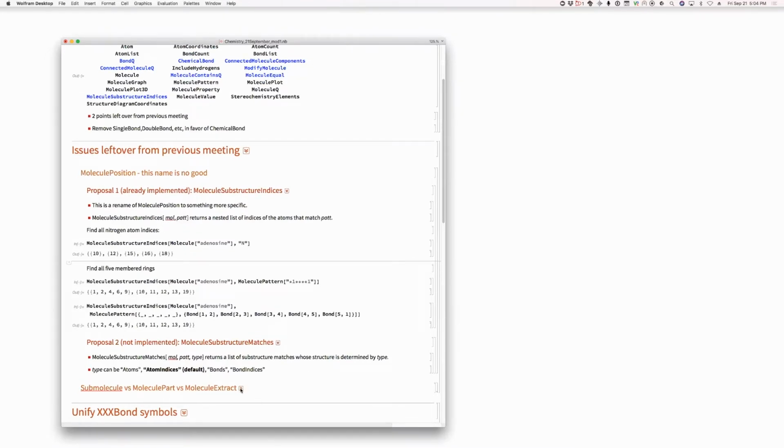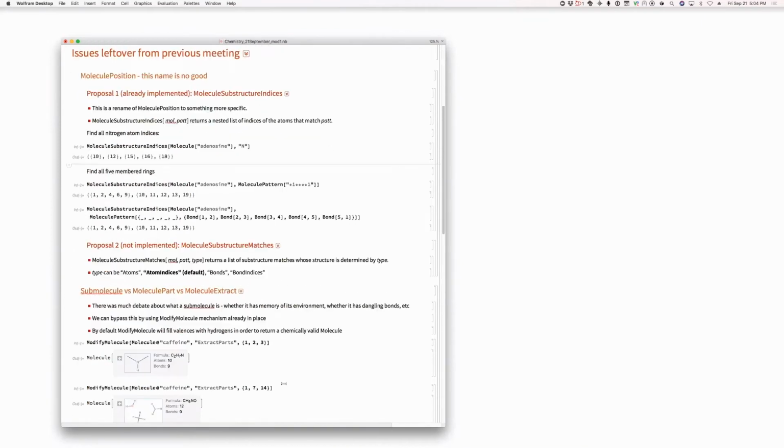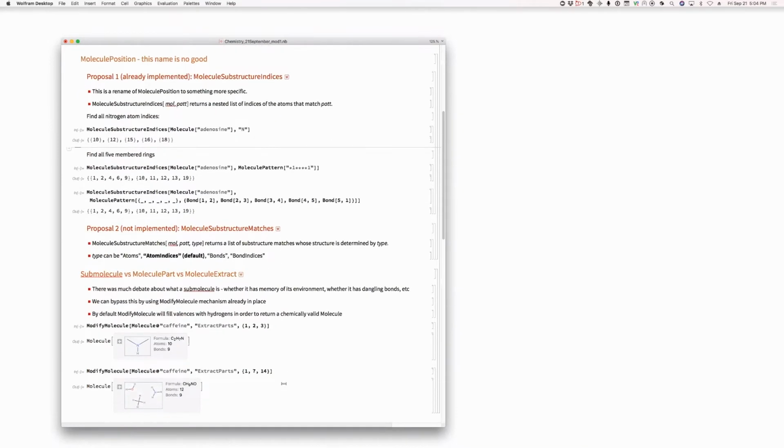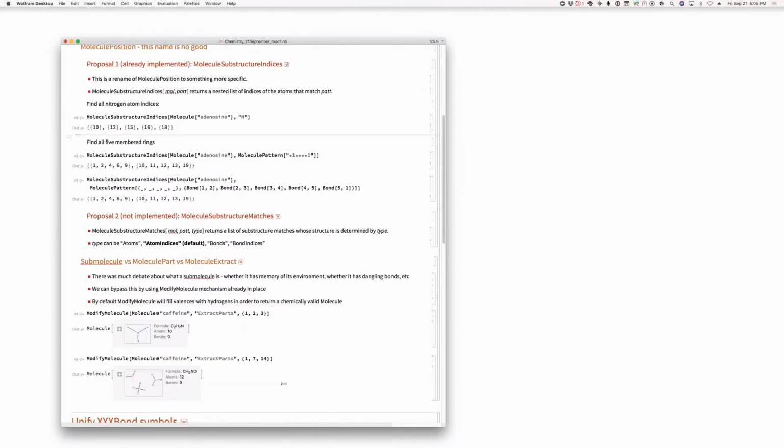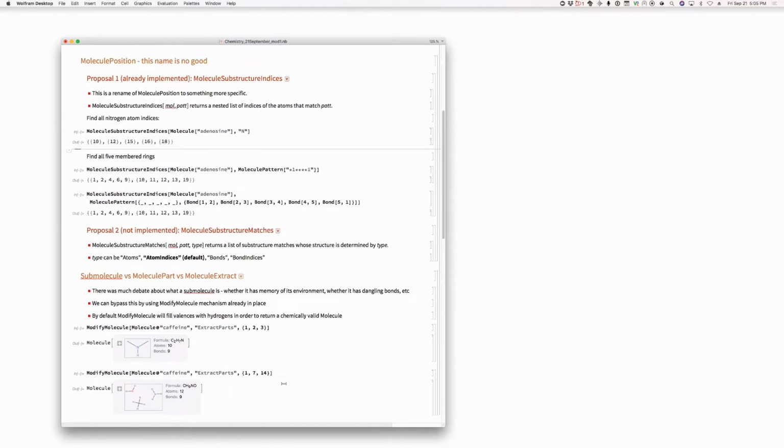No, I mean, we could have a fully decorated molecule substructure extract.